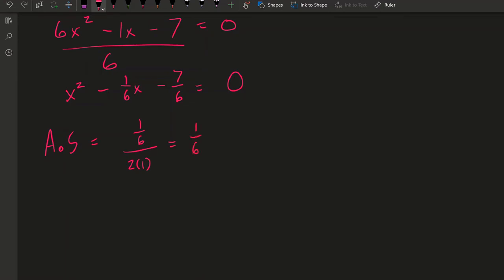If you want to convert this to decimals, that's fine. 1/6 divided by 2 is the same thing as 1/6 times 1/2, which is 1/12. Okay, plugging that in, I would get 1/12 squared minus 1/6 times 1/12 minus 7/6.